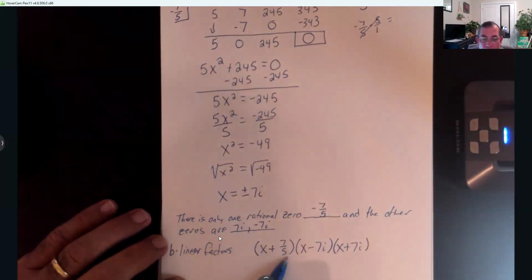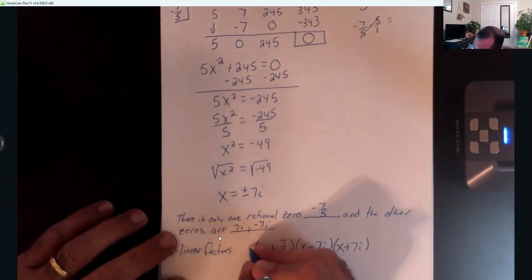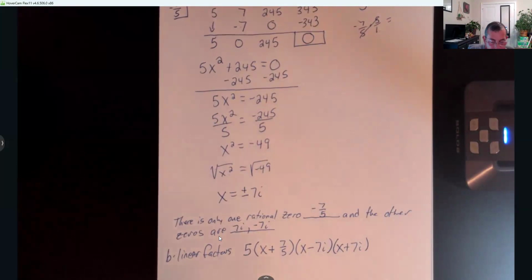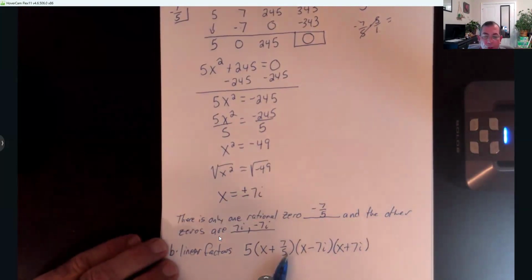When you end up with a fraction like this, since I got a denominator on this fraction, I also have to put that denominator in the front. So whatever your denominator is, you'll also have to put that number in the front. Because if you multiply it through, you get 5x, and then these 5s would cancel, making that a 7.